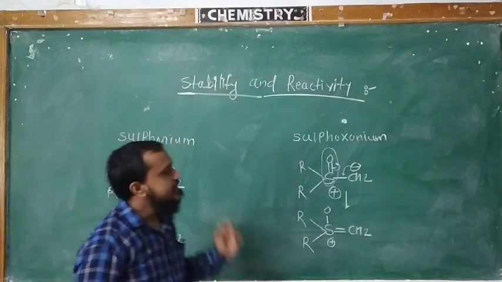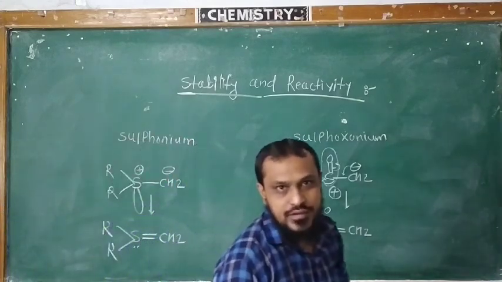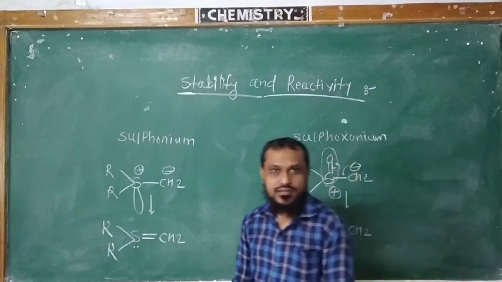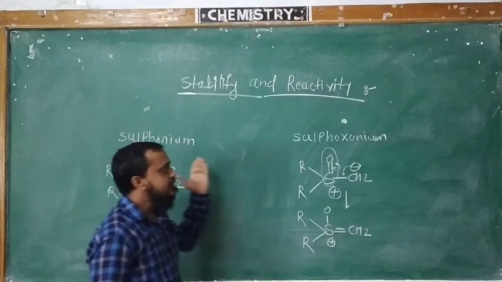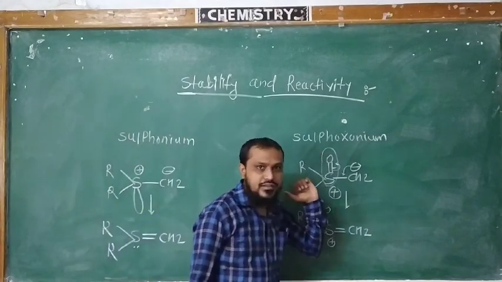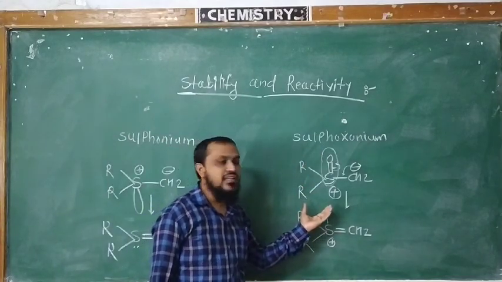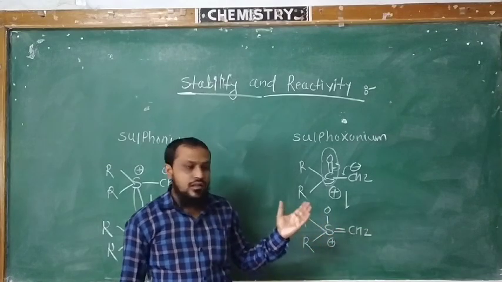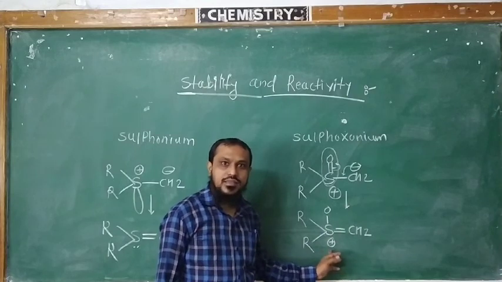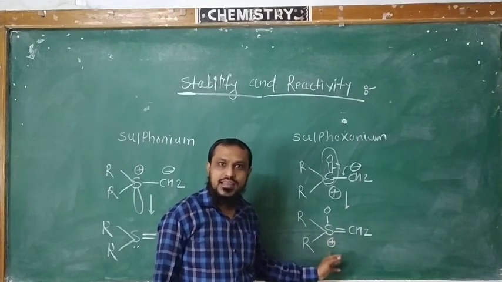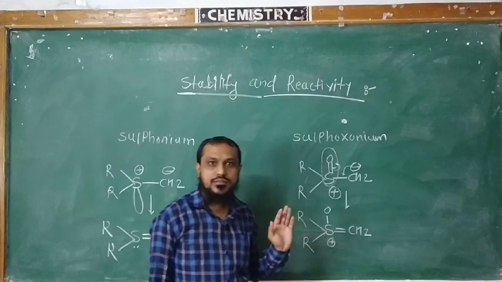So the stability and reactivity depend upon the type of sulfur ylide. First type is sulfonium ylide and another type is sulfoxonium ylide. In case of sulfoxonium ylide, availability of lone pair decreases, means it is less reactive but more stable.